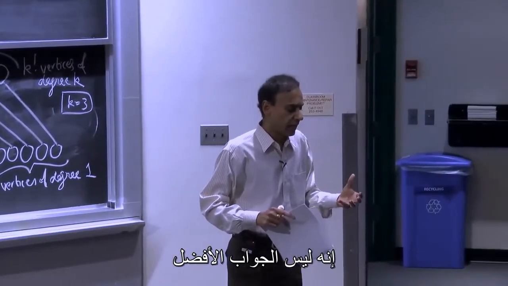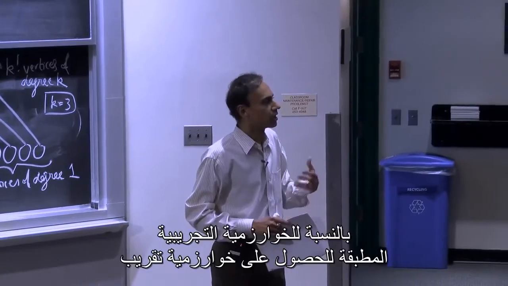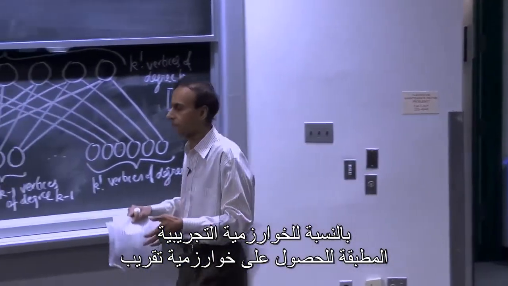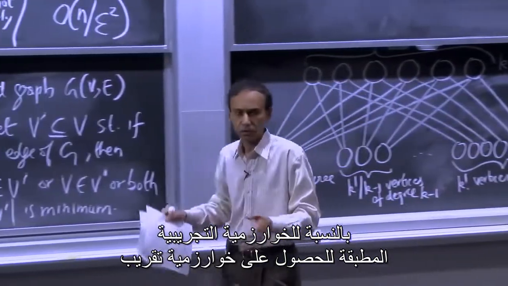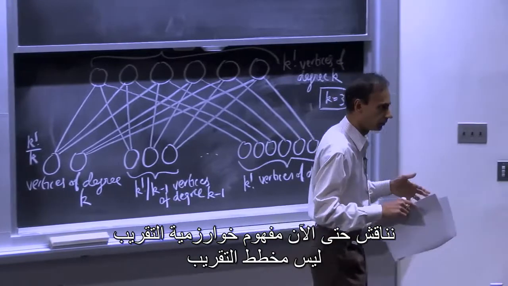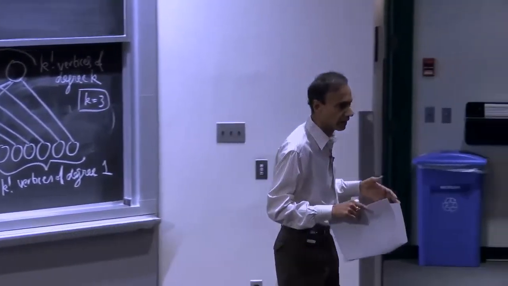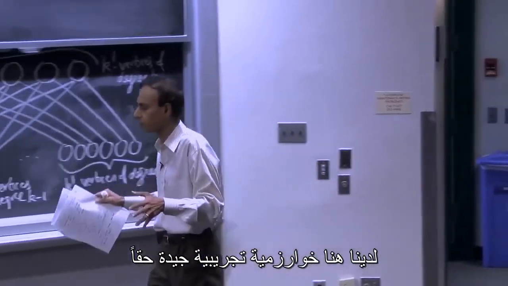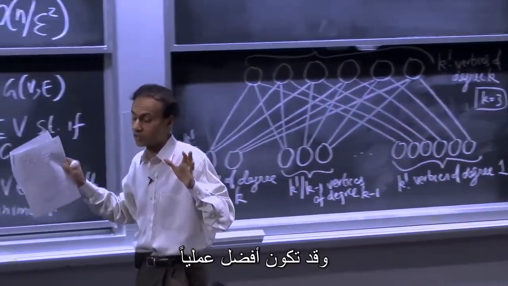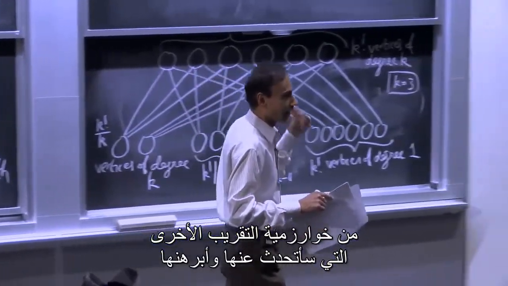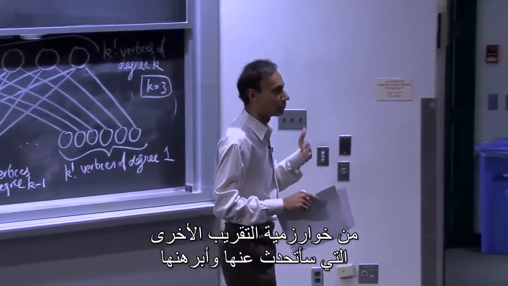It's really not the best answer in terms of the heuristic you apply to get an approximation algorithm. So we're still in the context of an approximation algorithm, not an approximation scheme. And what we have here is a perfectly fine heuristic that, who knows, might actually work better in practice than this other approximation algorithm that I'm going to talk about and prove.